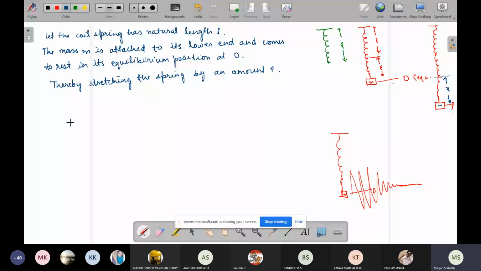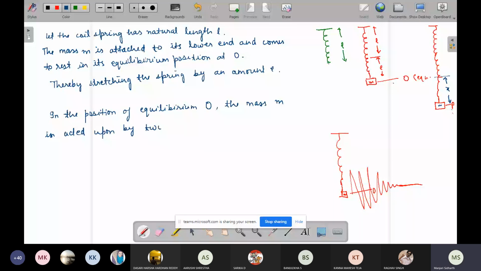So I'm writing here, in the position of equilibrium O, the mass M is acted upon by two forces.